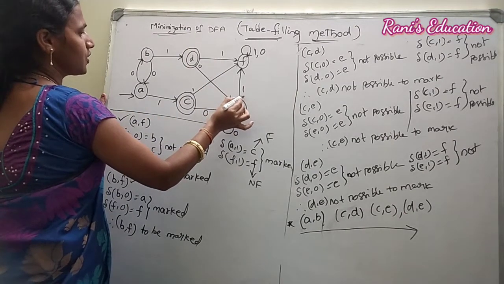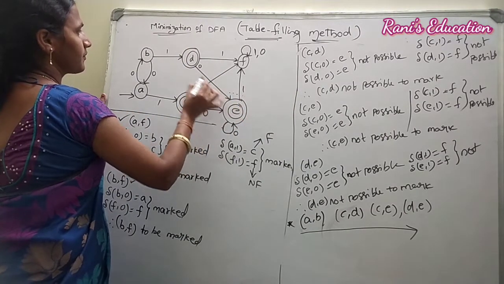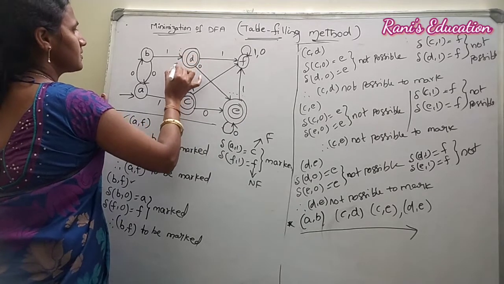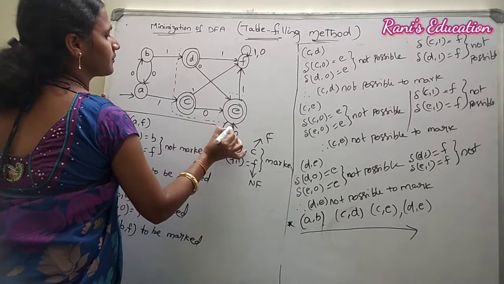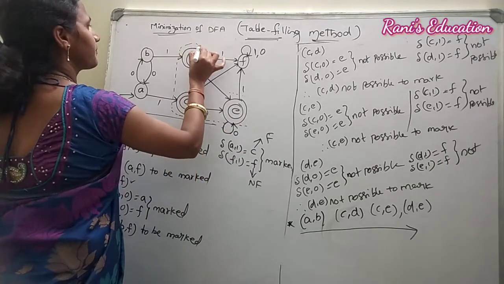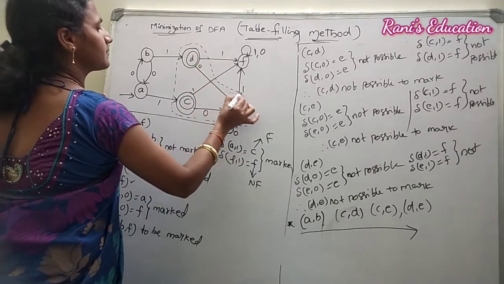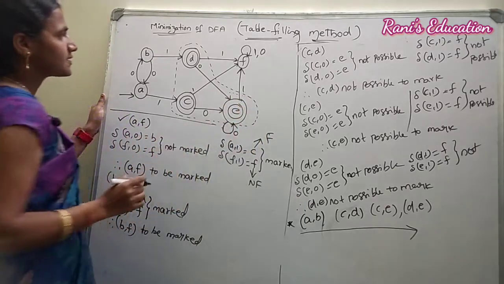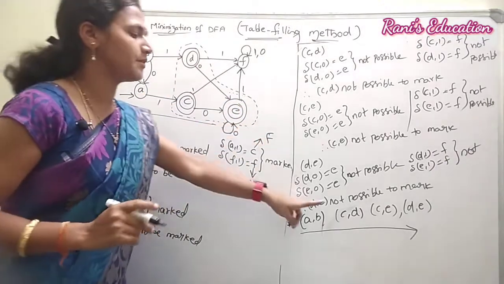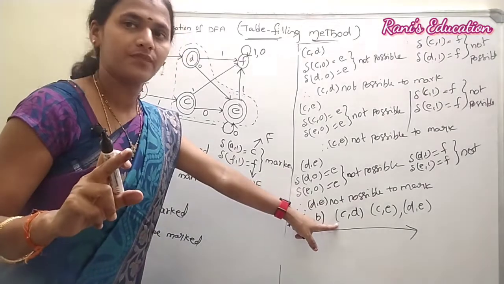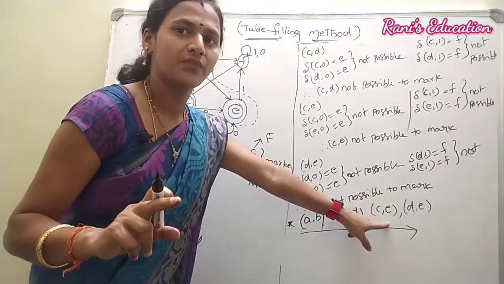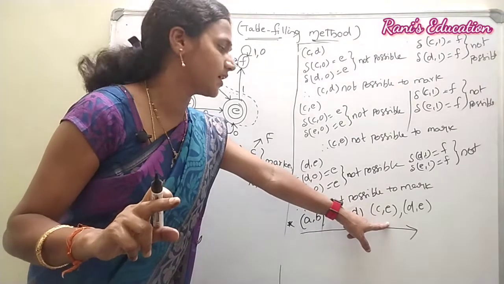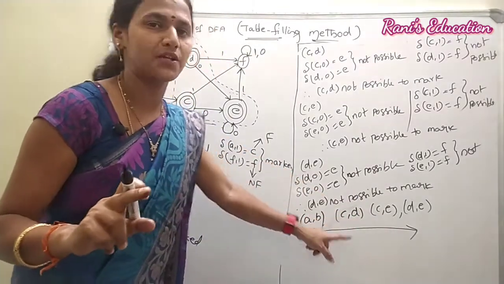C, we are going to combine here C, D, E. C, D, E is going to be considered as one step. Why? Because here we got C and D and C and E, the unmarked pairs, so I am going to combine them together.